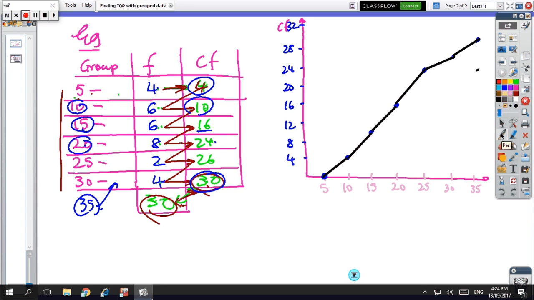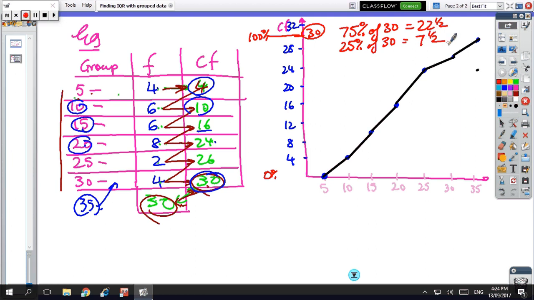So this represents 0%, and that score of 30 at the top represents 100%. So 75% of 30 equals 22.5, and 25% of 30 equals 7.5.